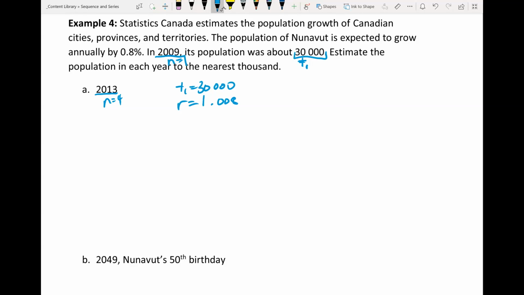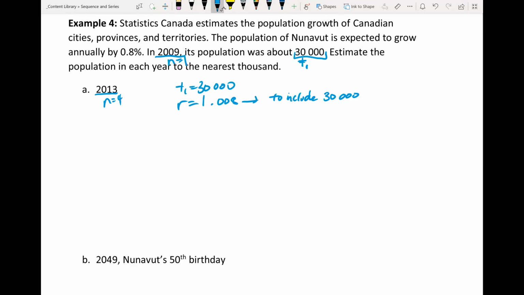If I don't include the 30,000, of course it wouldn't make sense because the numbers would get smaller, smaller, and smaller when our population should be getting larger. So by adding this 1 in here, I'm going to include that 30,000, and we're going to keep including the previous number after that. So I'm just going to say this is to include the original 30,000 people.